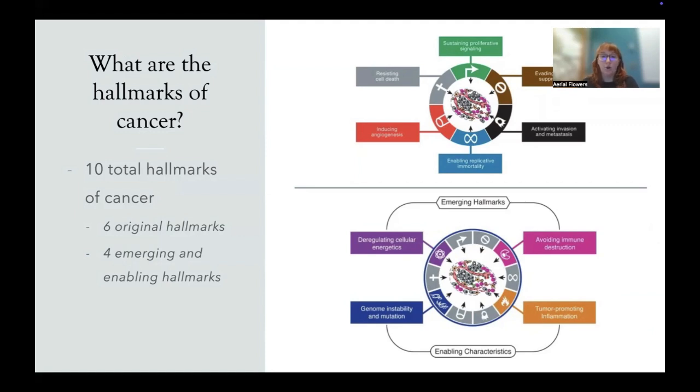The 6 original hallmarks of cancer are sustaining proliferative signaling, resisting cell death, inducing angiogenesis, enabling replicative immortality, activating invasion and metastasis, and evading growth suppressors. The 4 emerging hallmarks are deregulating cellular energetics, avoiding immune destruction, genome instability and mutation, and tumor-promoting inflammation.